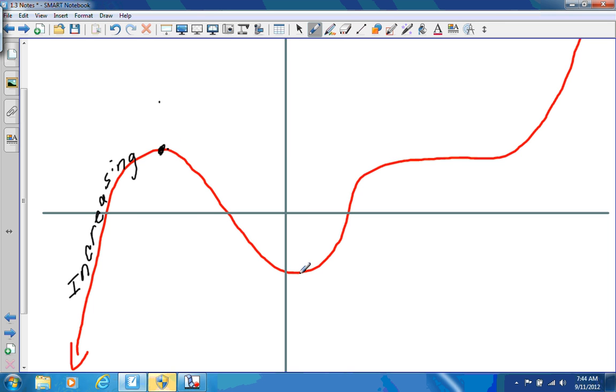From this point down to here, it is decreasing. Then it is increasing again. And then at this point to here, it is constant because it's a horizontal line. And then finally, we are increasing one more time.